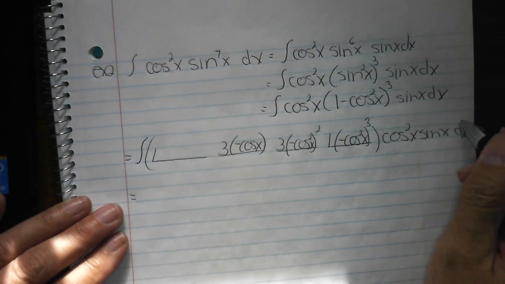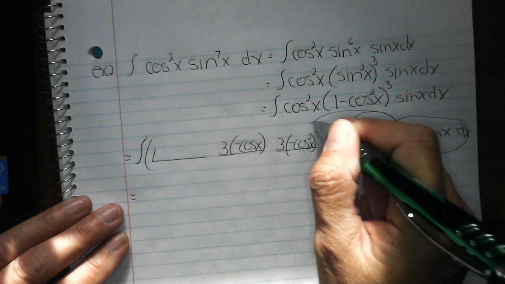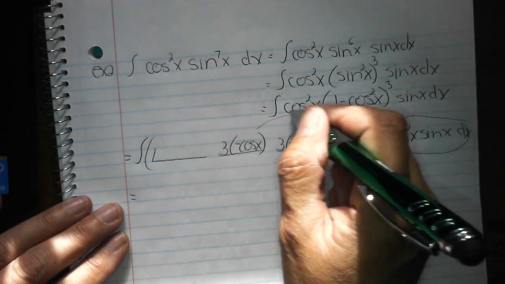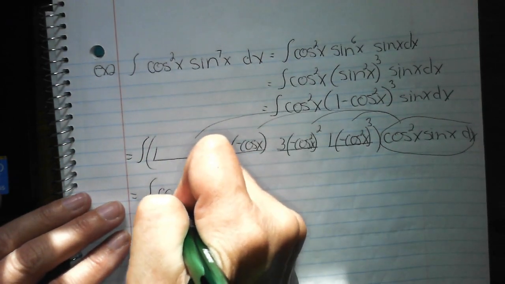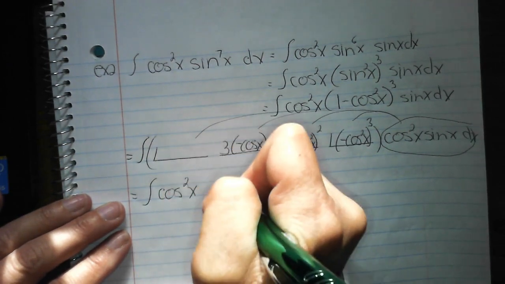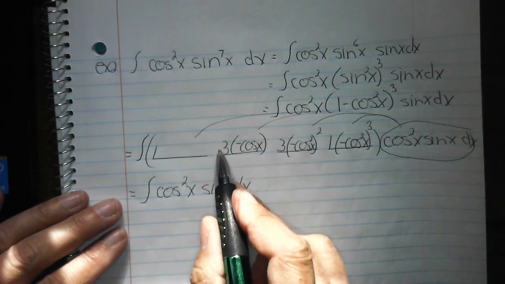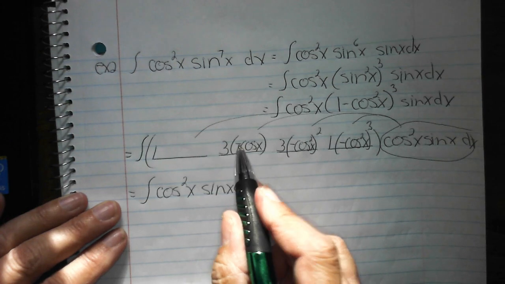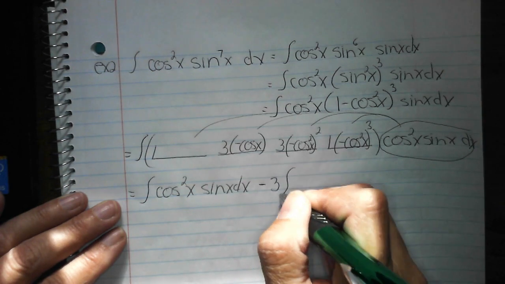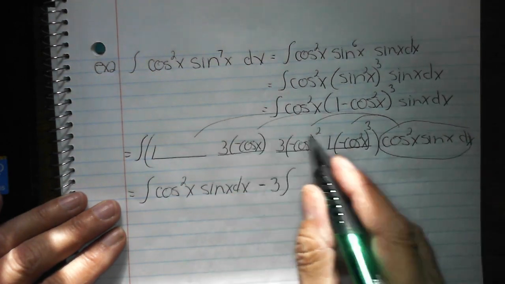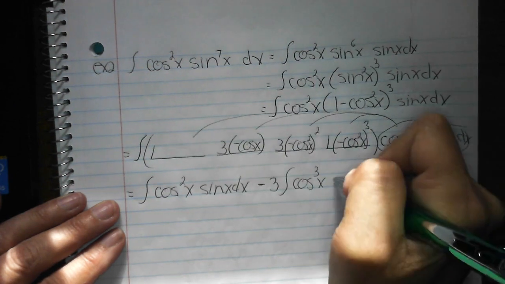So now I'm going to take this whole thing, distribute it to these 4 terms here. So my first integral is going to be cosine squared x sine x dx. My next one is going to be a minus 3 cosine cubed x sine x.